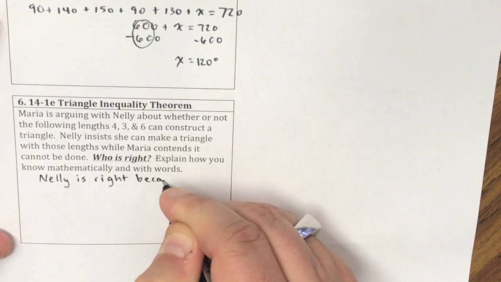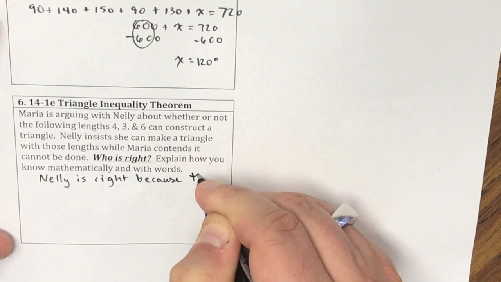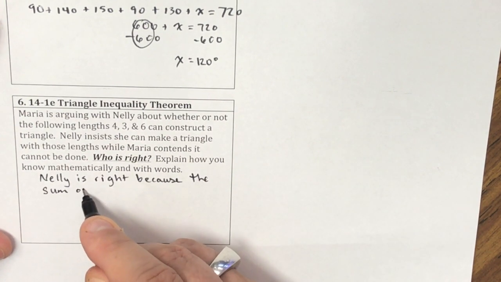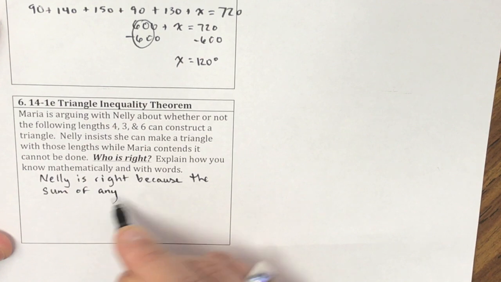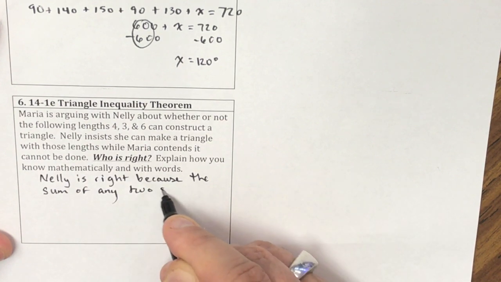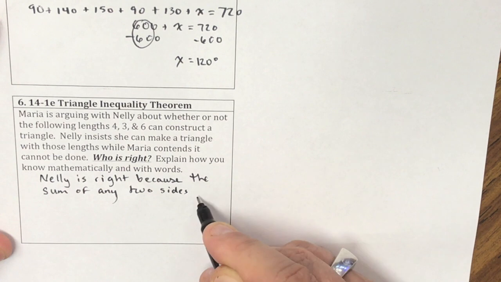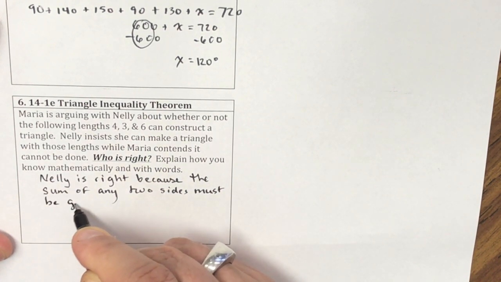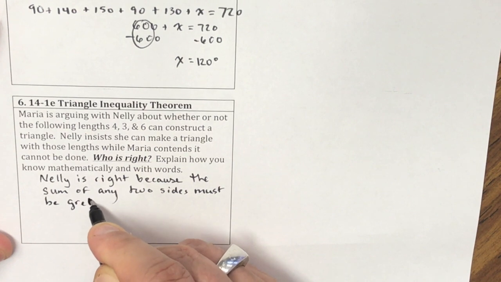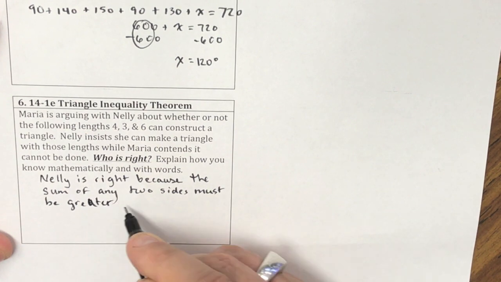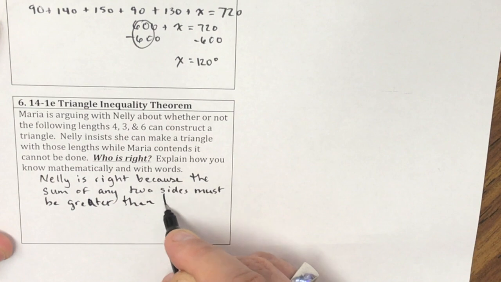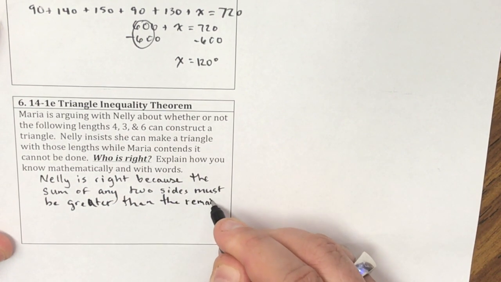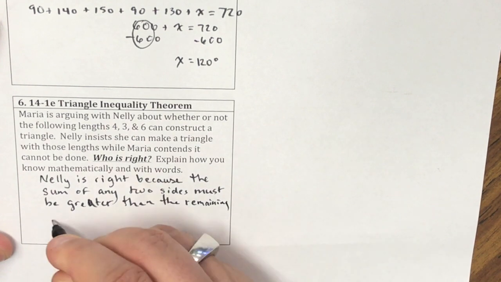Because the sum of any two sides must be greater than the remaining side.